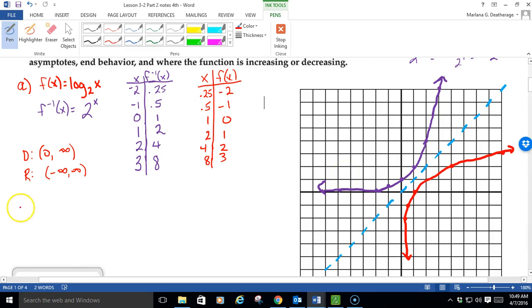All right, intercepts. X-intercept. Do we have one? Yes. Where does it cross the x-axis? At 1. So 1, 0. On the purple one, the exponential, there was no x-intercept. All right, what about y-intercept for the red one, the log? Does it cross the y-axis? No, so none.